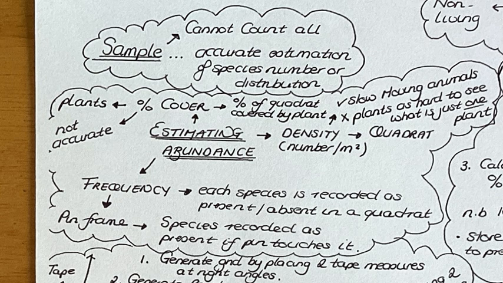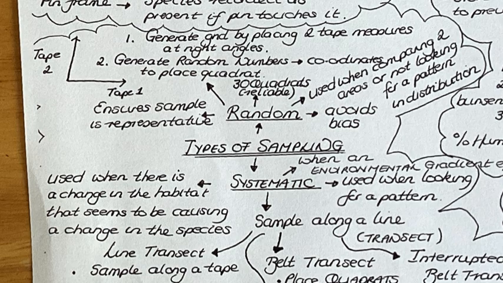Remember, that is a frame, and out of the frame these pins drop down, and if the frame is then moved along a line transect, and if the pins touch a species, it is recorded as being present, and if they don't touch a species, it is recorded as absent. So that again gives us frequency readings.